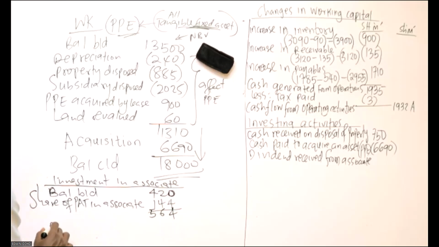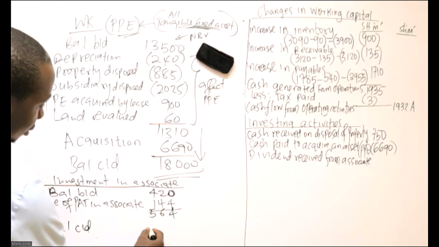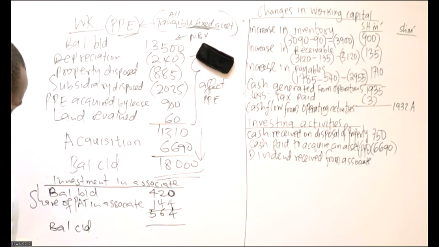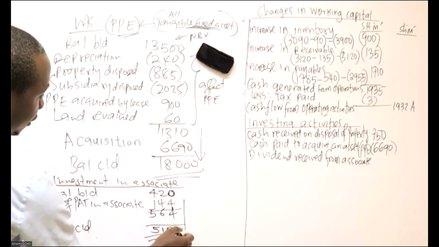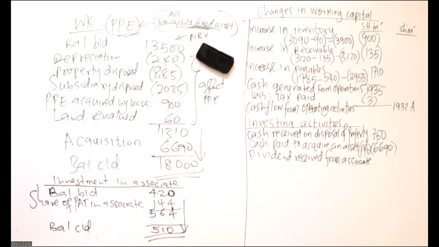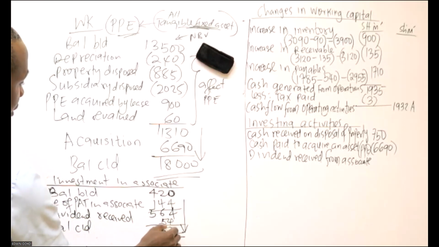The balance carried down for investment in associate is 510. Why did it reduce from 564 to 510? Because the parent received dividends from the associate. Dividend received of 54.